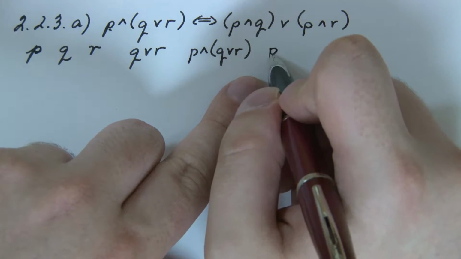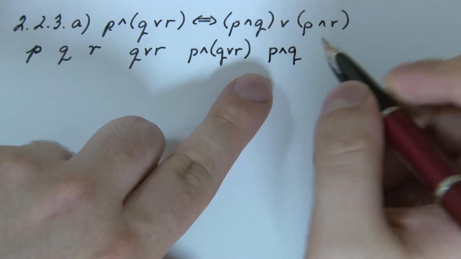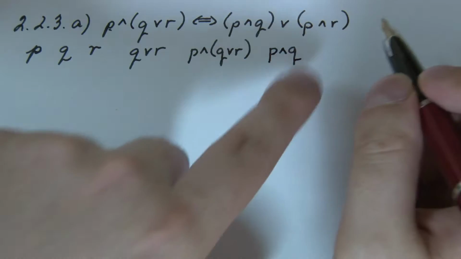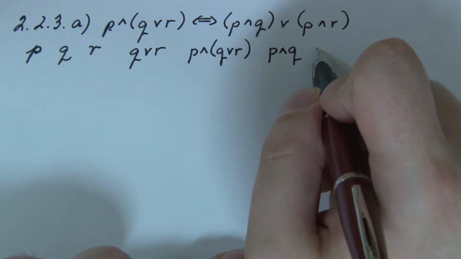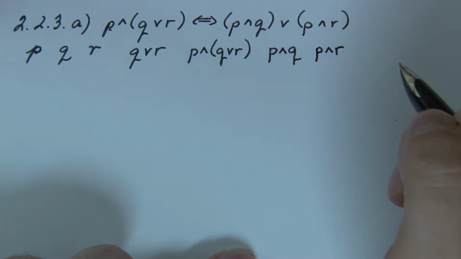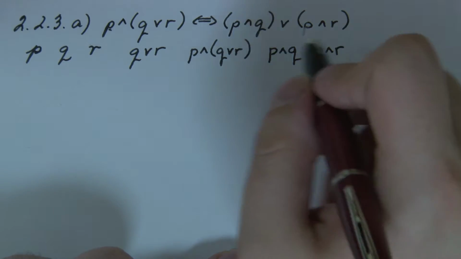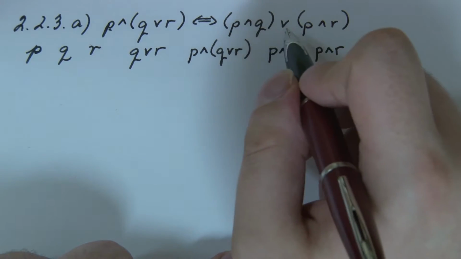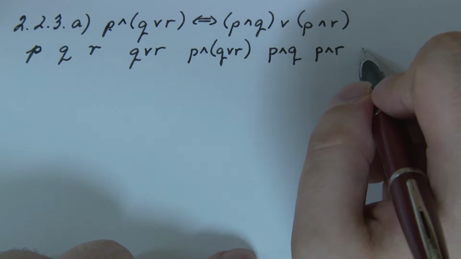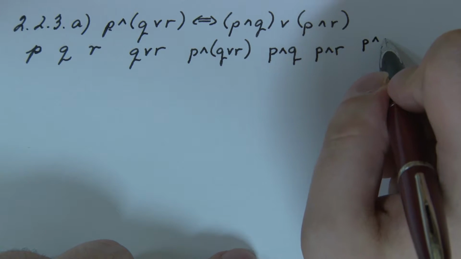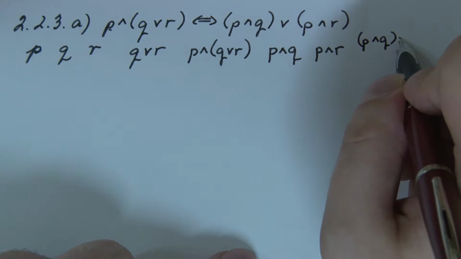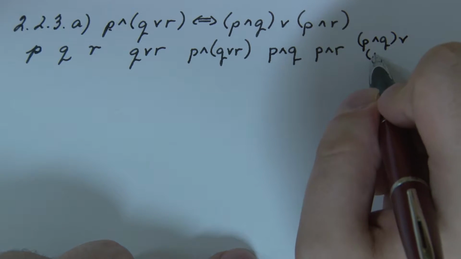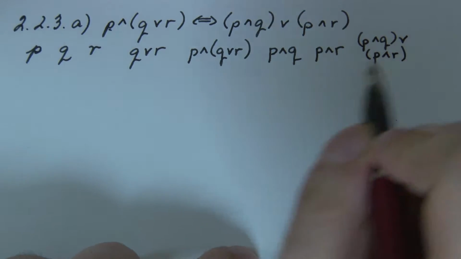And now I'll do P and Q. So inside the brackets, I have this one here. I have P and R. And then the last part is I'll take these two columns and do the disjunction. So I'll have (P and Q) or (P and R).